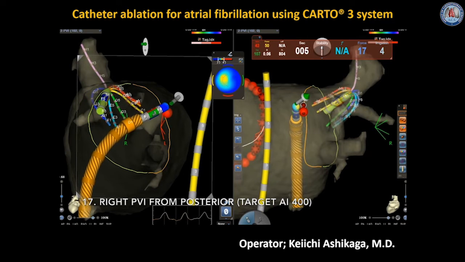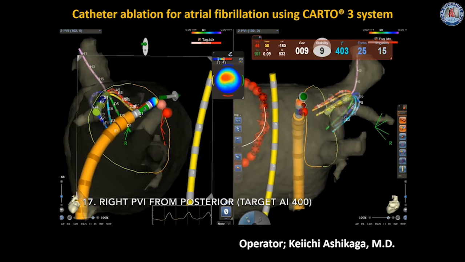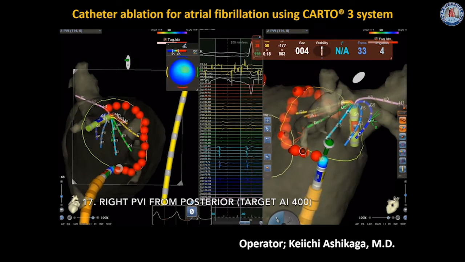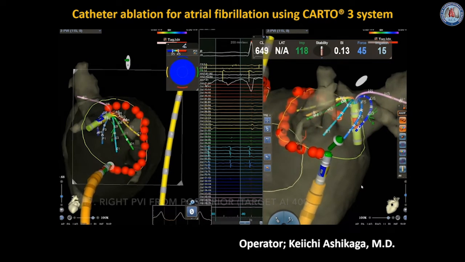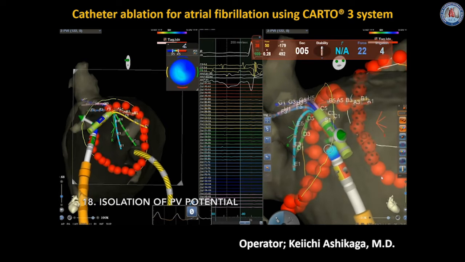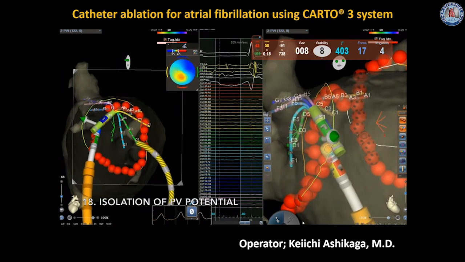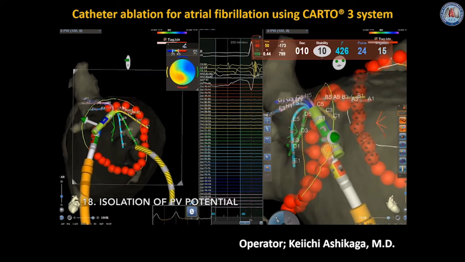Point-by-point ablation around the pulmonary vein. Again, we can confirm the pulmonary vein isolation by the disappearance of the pulmonary vein potentials.